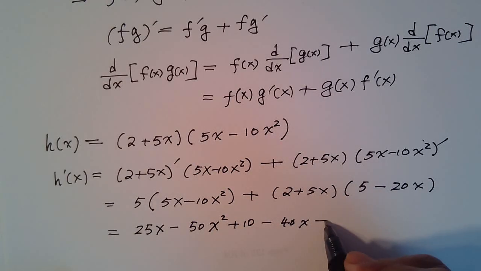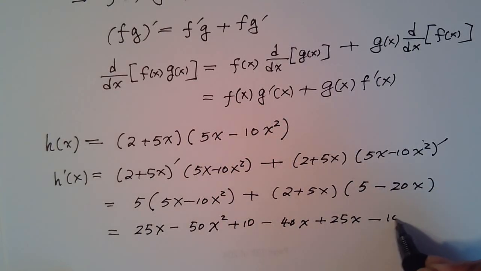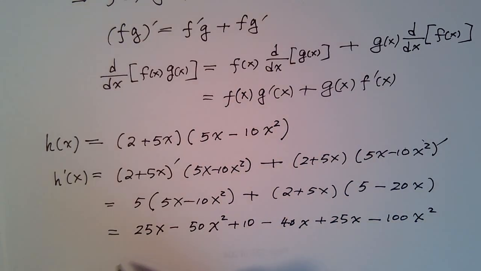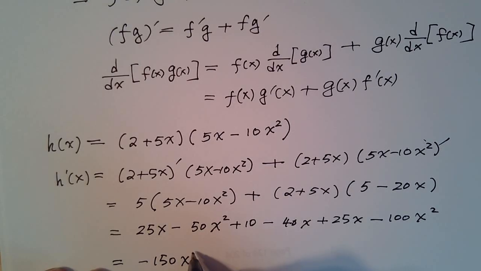Inner times inner, you get 25x. And then last, you get minus 5 and 20, that's 100x². Now, when we combine like terms, the square terms are negative 50 and 100, so I get negative 150x².